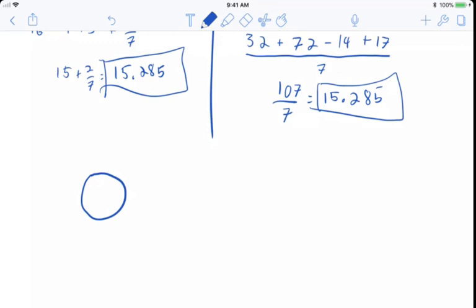A rational expression is an expression with two parts: you've got your numerator and your denominator. The numerator and denominator both have degrees.